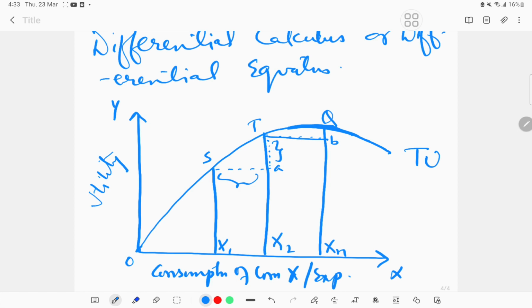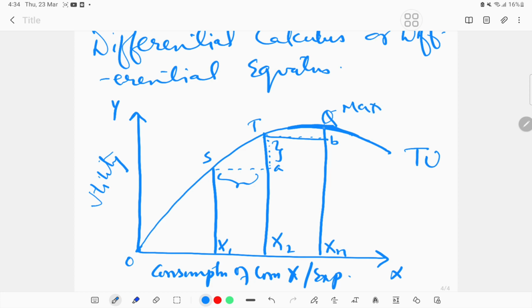So after Q we see the consumer will not consume the commodity, because as we see in the graph, as the consumer consumes x1, his utility keeps on increasing, and if he consumes x2, his utility also keeps on increasing, and if he consumes xn, his utility is at maximum. At Q it is at maximum.